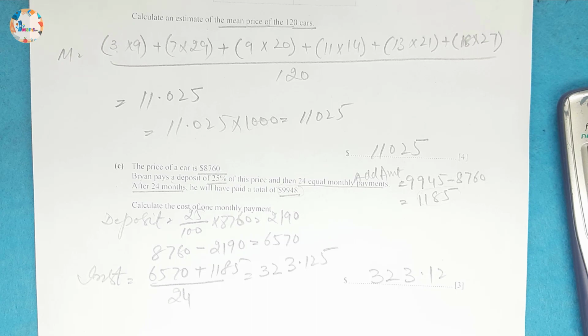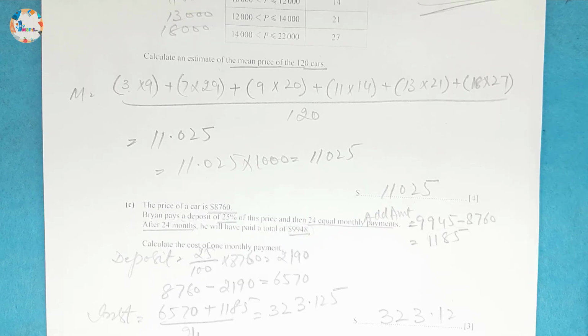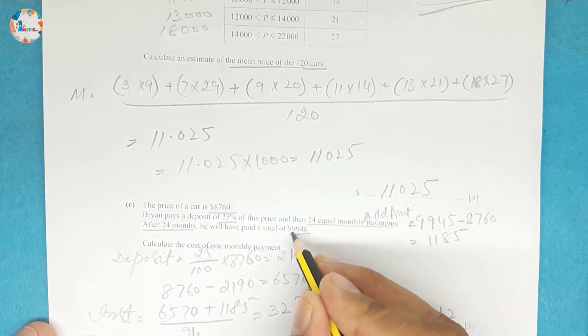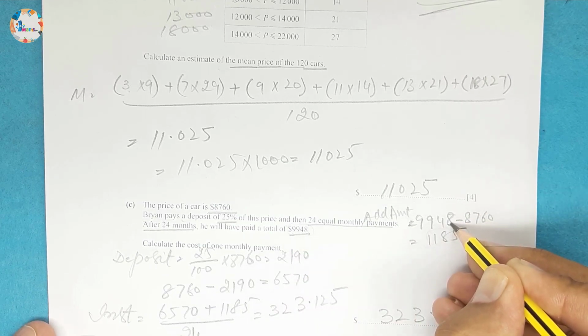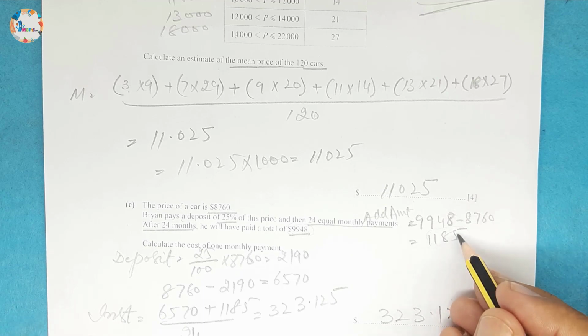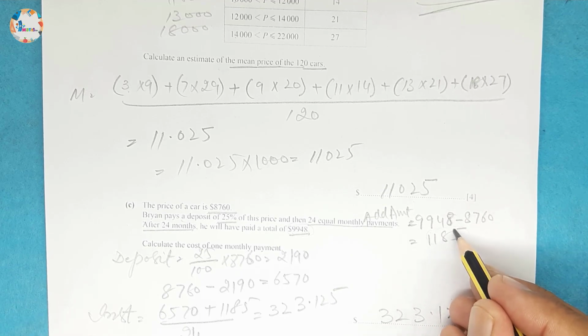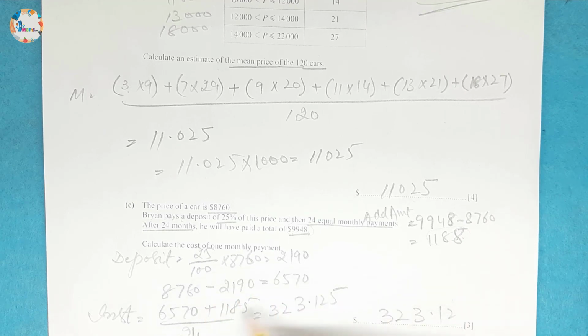Hopefully you understood this. Basically, a small correction: this one is 9948, and we have written 9945 over here, so this is 48, and it will impact this. This will be 1188, so 1188 will be written over here.